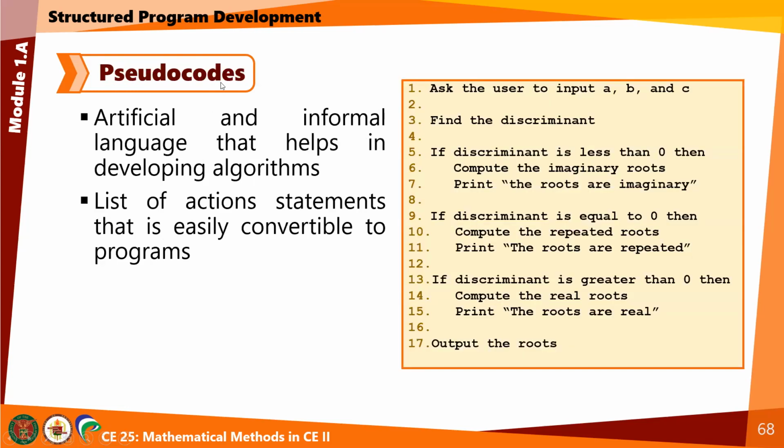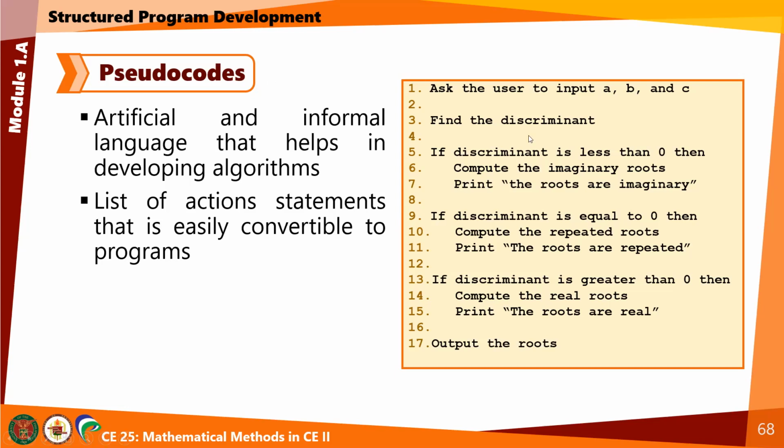Pseudocodes. Medyo wordy itong slides, but this is actually designed for you to read kasi. So what are pseudocodes? Pseudocodes are human-like language. So basically, yung ginawa nyo doon sa first activity natin are pseudocodes.